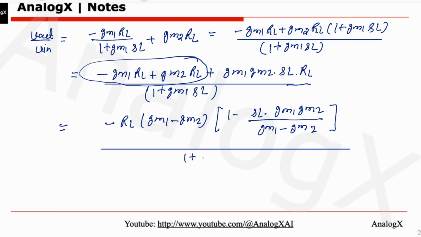The denominator will be 1 plus Gm1 RS. So this is our transfer function.